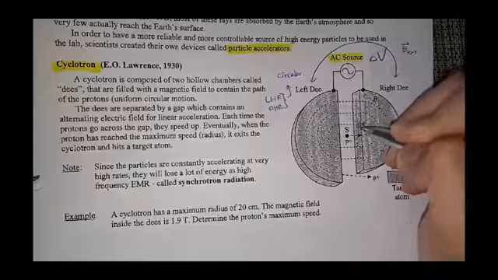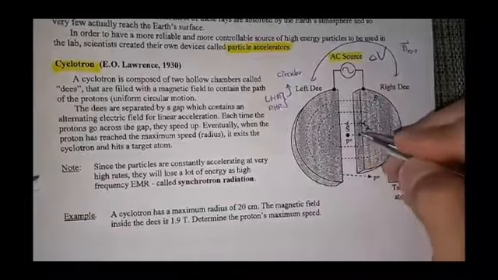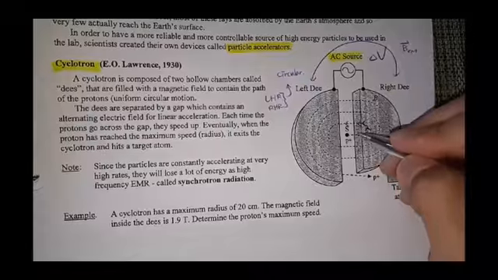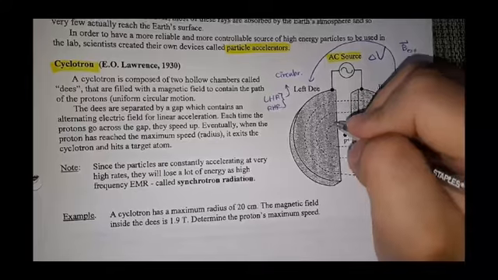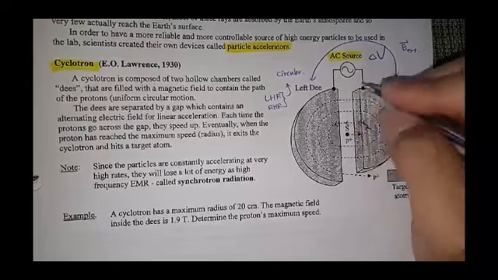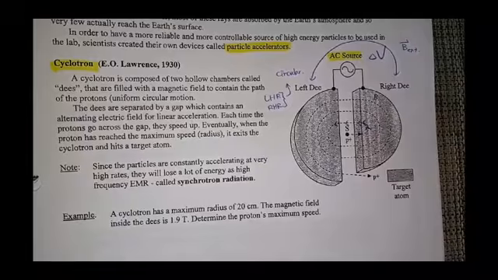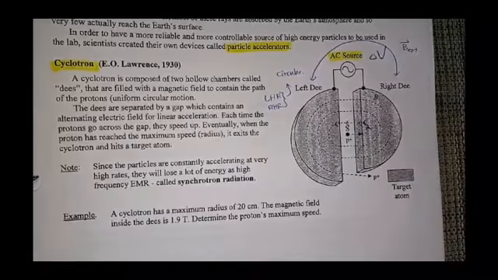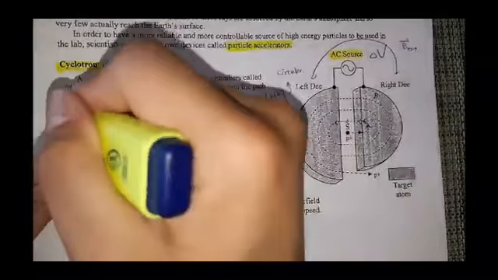Let's talk about this proton. The proton goes into the right D, has a circular motion, comes out, and re-enters the left one. But while that's happening, there will be an acceleration, because of the alternating electric field. That's the AC part.